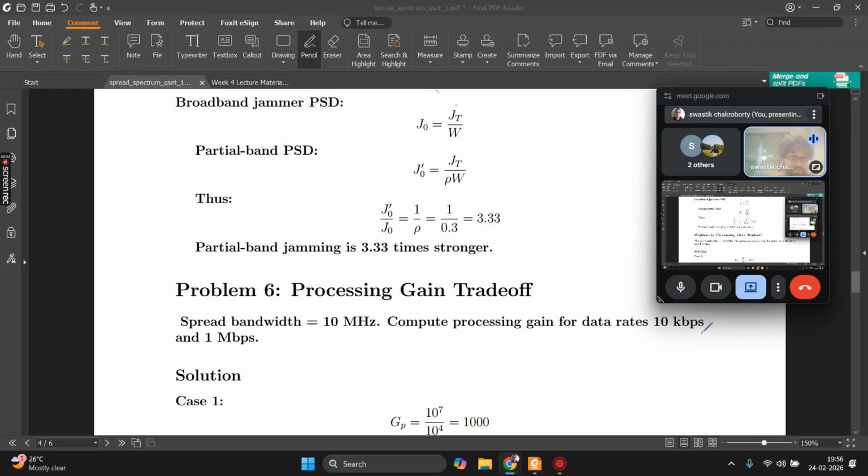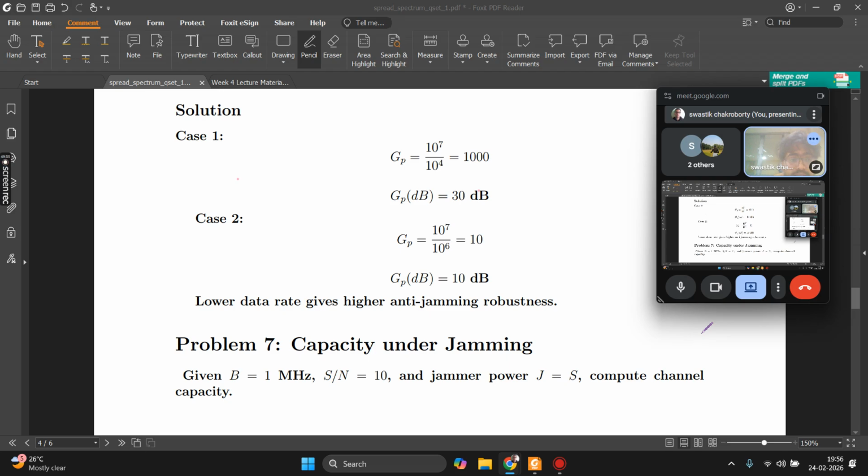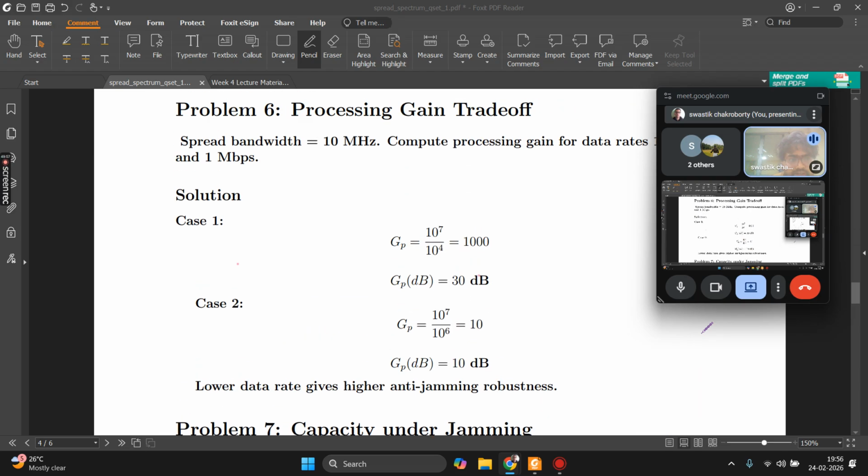It will be more robust. But 1 Mbps means it's nearly there, with 10 megahertz bandwidth. It is now not spreading much. It is nearly using all the resources. So the processing gain is less, and it is less robust because your data is now not that spread across.